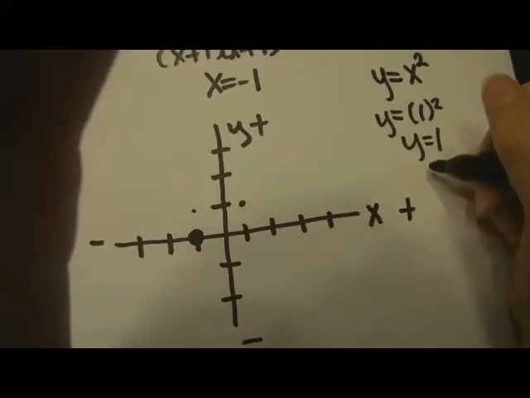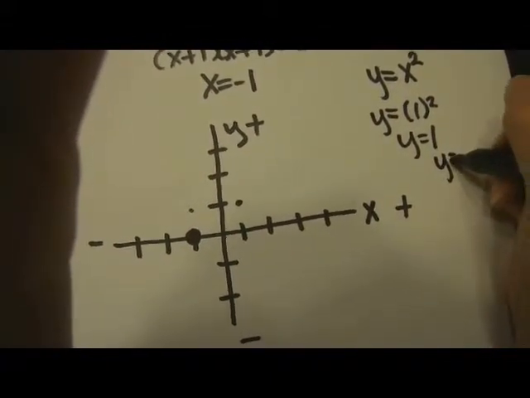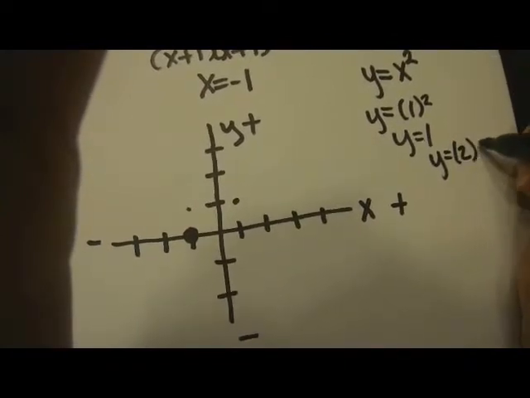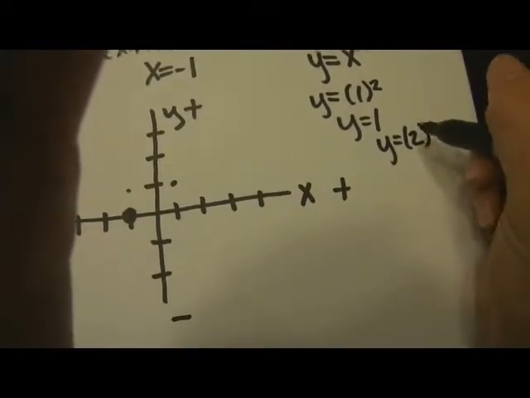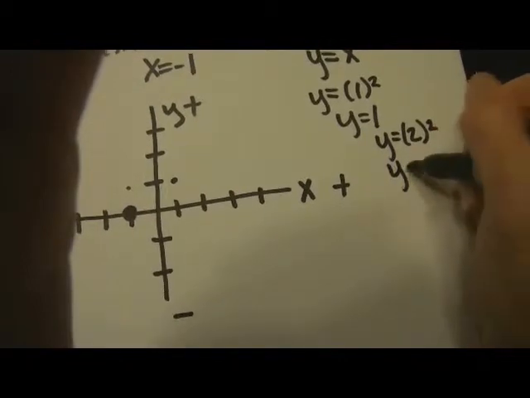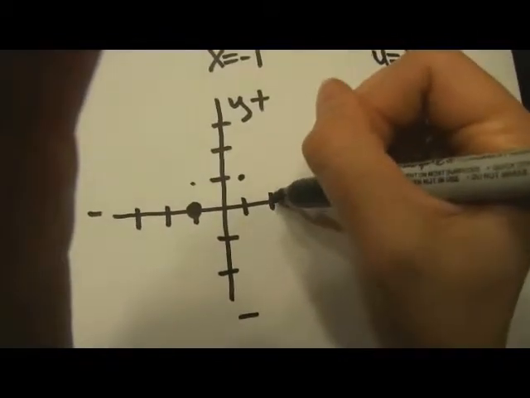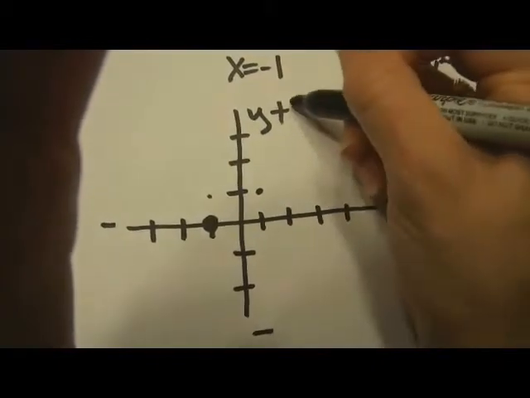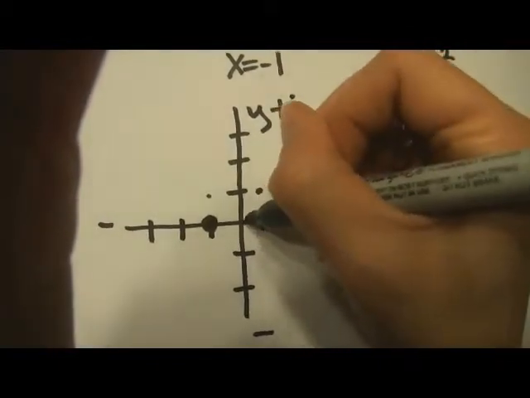When x is 2, y is equal to 4. Same goes on the other side. So 1, 2, 3, 4 will be right here.